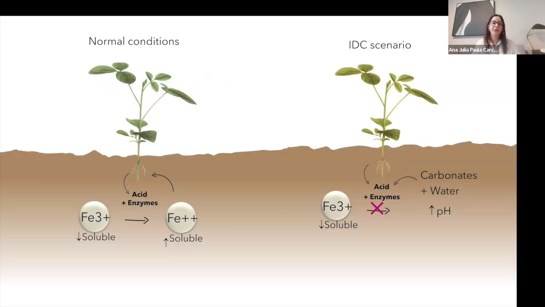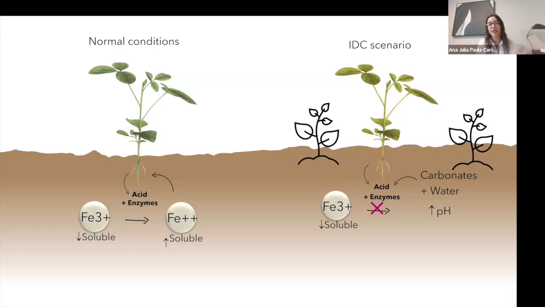So we're going to go back to this figure, and I'm going to ask you to focus on the plant that is on your right. That's the one with IDC scenarios. What happens when we have more plants or we have a companion crop? Basically, they will use the nitrates and they will use the water that were in excess in this case.